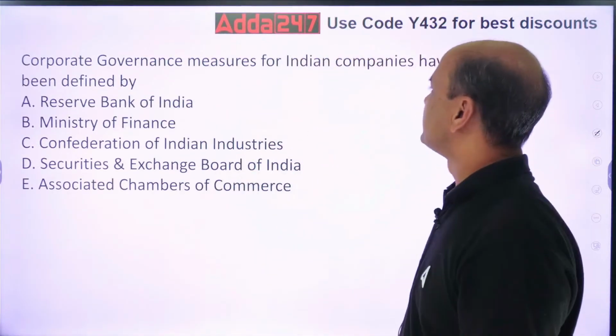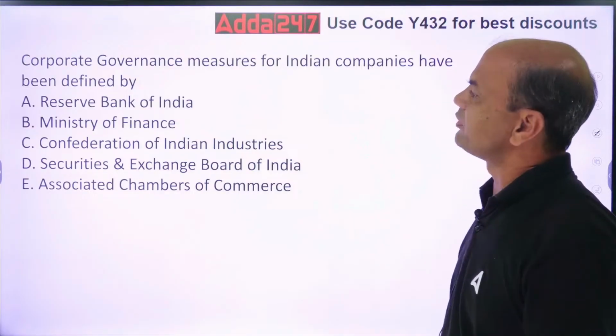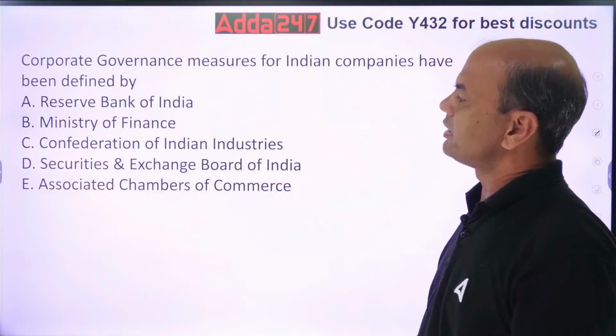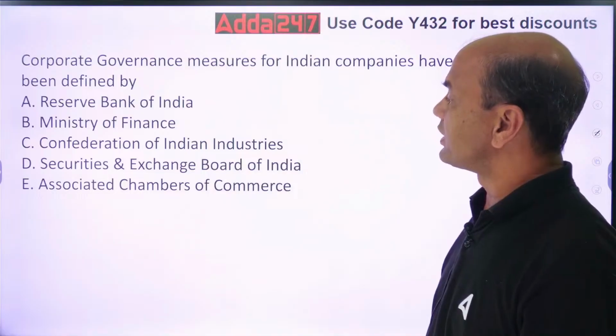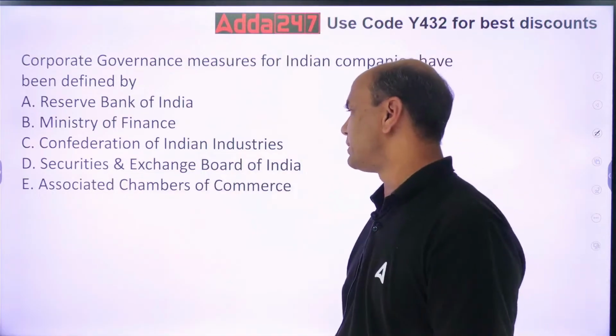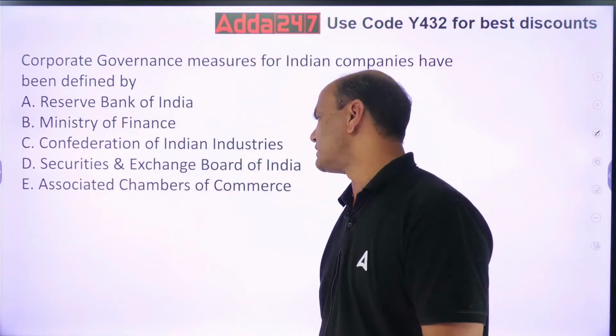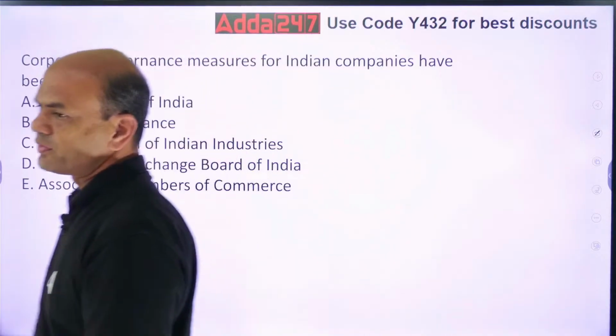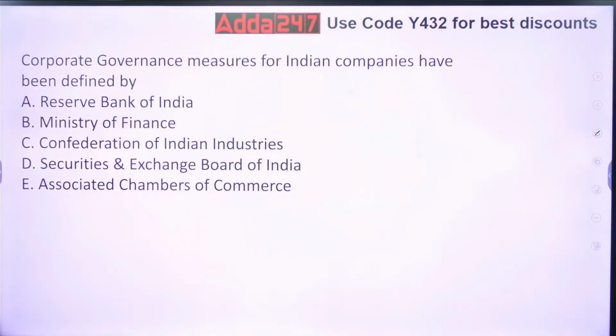Corporate governance measures for Indian companies have been defined by RBI, Ministry of Finance, Confederation of Indian Industries, SEBI, or Associated Chambers of Commerce. Who defines corporate governance? Corporate governance is an important part because of your module D in CAIIB also, and corporate governance means transparency.